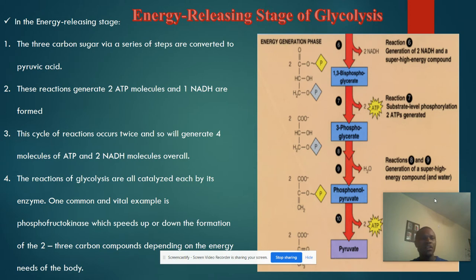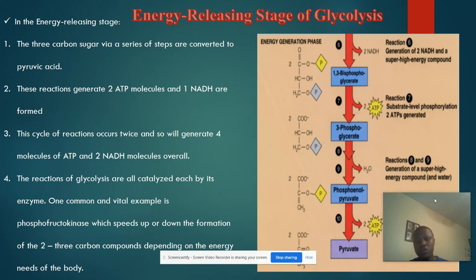The reactions of glycolysis are all catalyzed by enzymes. One very common and vital example of these enzymes is phosphofructokinase. Usually we say it's phosphofructokinase 1 because the phosphate is usually attached to carbon 1, which speeds up or slows down the formation of the two three carbon compounds depending on the energy needs of the body.